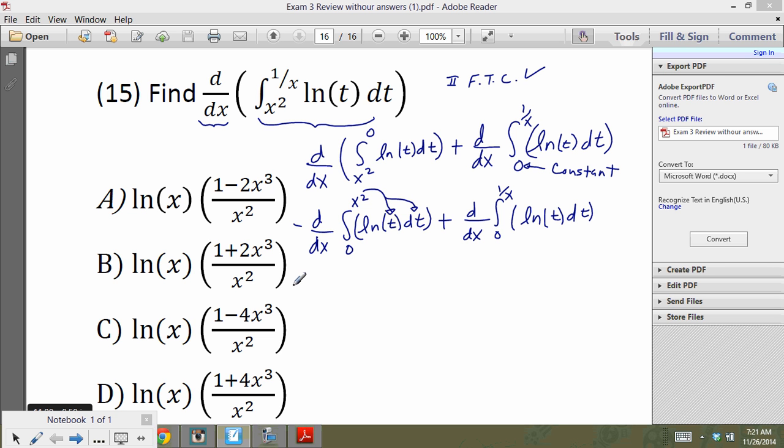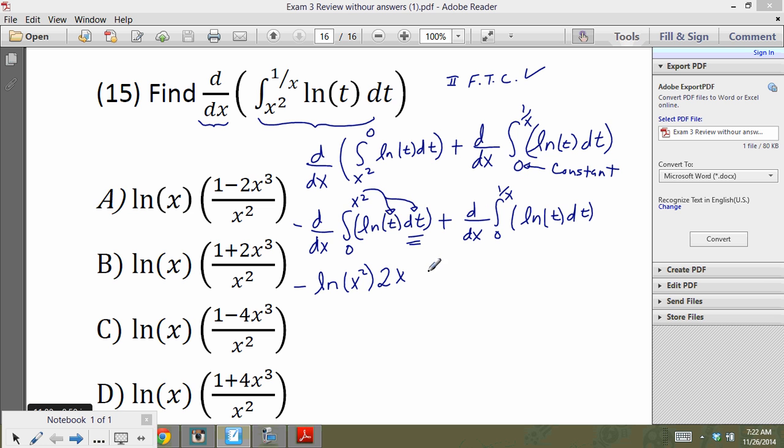And so right here on the left, we're going to have the negative of the natural log of x squared, right? The x squared replaces the variable t, and then you have to measure the rate of change of that bound variable, which is pretty obviously 2x, right? Because using simple power rule, the derivative of x squared is 2x, right?